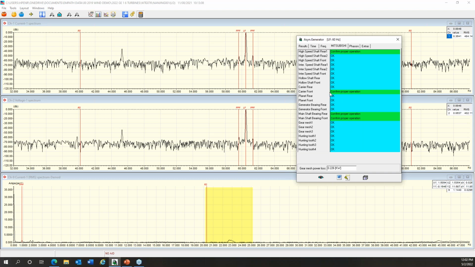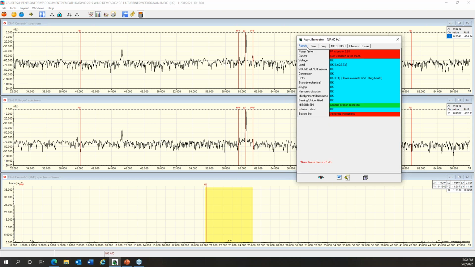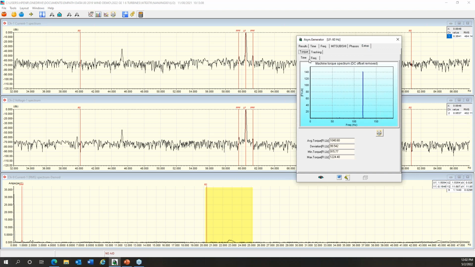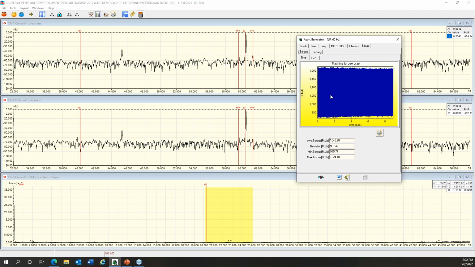The generator bearings are okay. Carrier bearing, problem with the carrier bearing, by the way, is not sure which, oh, sorry, planet. If you see a planetary bearing, it doesn't tell you which one, basically. So we have this. There's my signatures there.